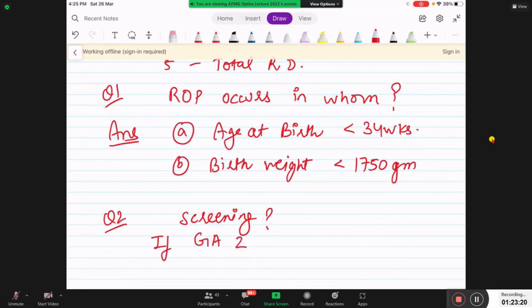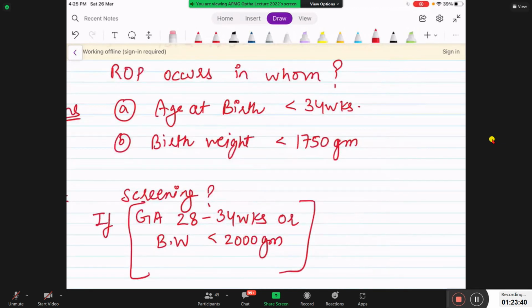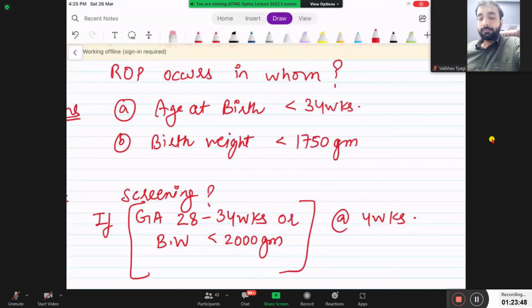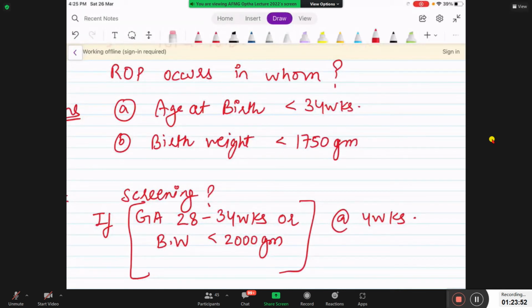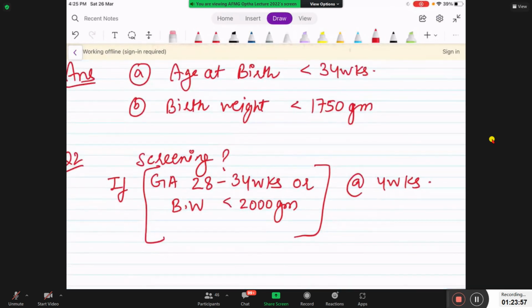If the gestational age of the baby is 28 to 34 weeks, or if the birth weight of the baby is less than 2000 grams, BW is birth weight, then ROP screening is done at 4 weeks after birth.